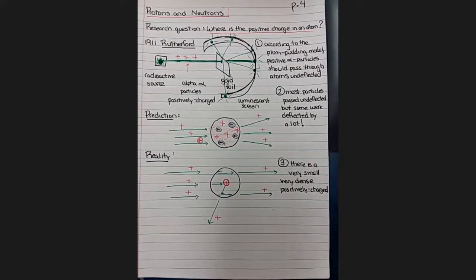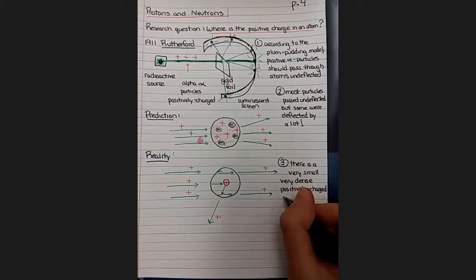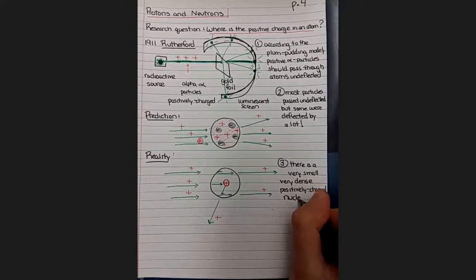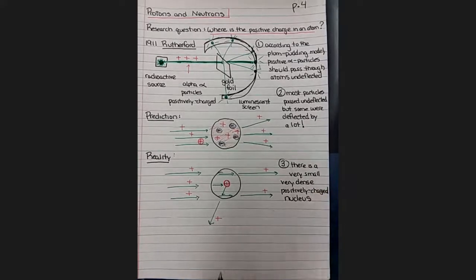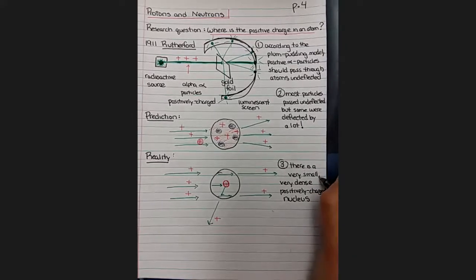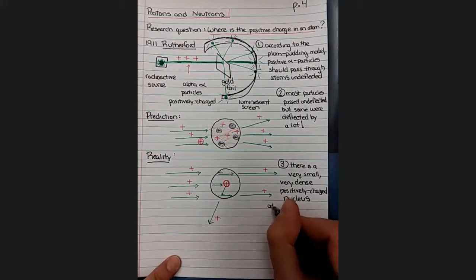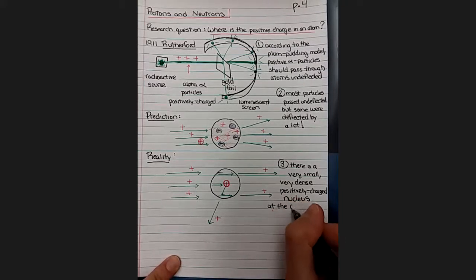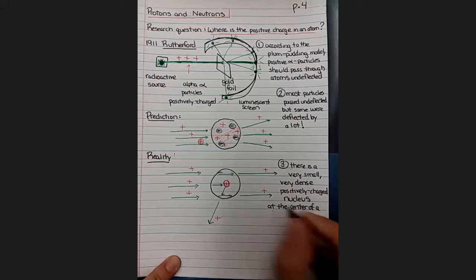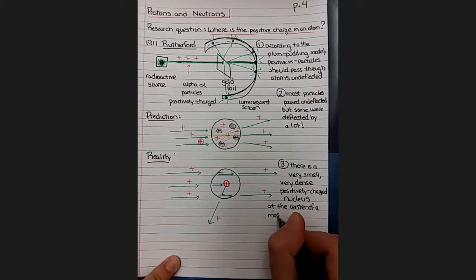And because it was the first time we had discovered something, it had to have a name, and it was named the nucleus. So a very small, very dense, positively charged nucleus at the center of a mostly empty atom.